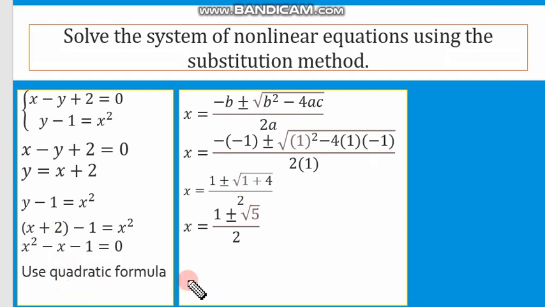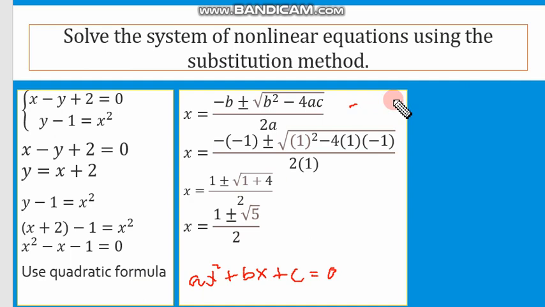For the quadratic formula, the form is ax squared plus bx plus c is equal to 0, where a, b, and c are the coefficients or the constants. The formula for the quadratic equation is x is equal to negative b plus or minus the square root of b squared minus 4ac, over 2a.